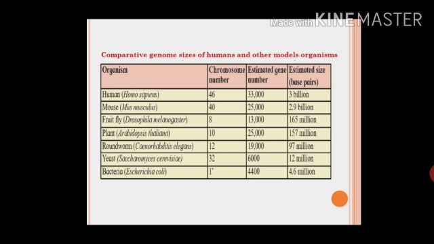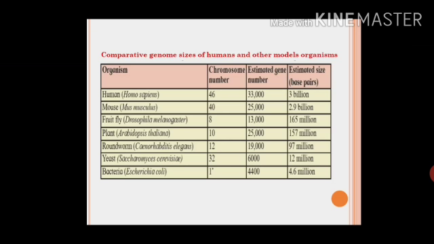Now, in the next slide, see this data. You can find in case of human, chromosome number 46, estimated gene number 33,000, and estimated size of base pairs, 3 billion. There are various organisms: human, mouse, fruit fly, plant, roundworm, yeast, and bacteria. This chart shows comparative genome sizes of humans and other model organisms.